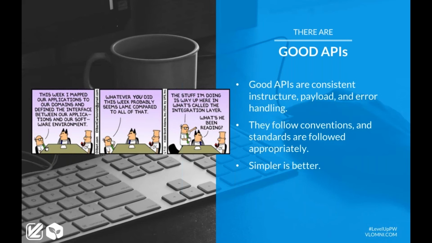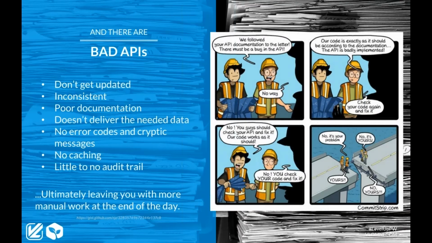I'm able to build a much more robust audit trail, and I'm also able to build much more redundancy in my integrations. So there are good and there are bad APIs, and there's a couple of nice little cartoons here. Good APIs are consistent. They are consistent in the sense that the infrastructure is well documented.